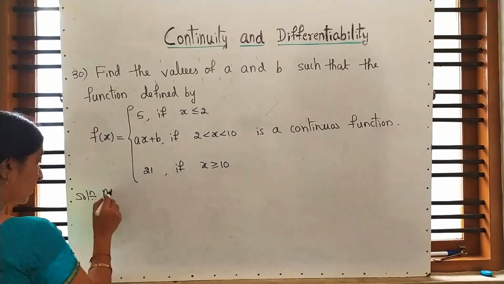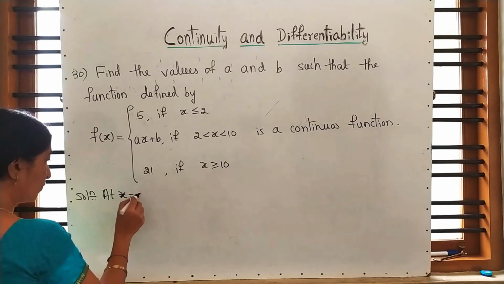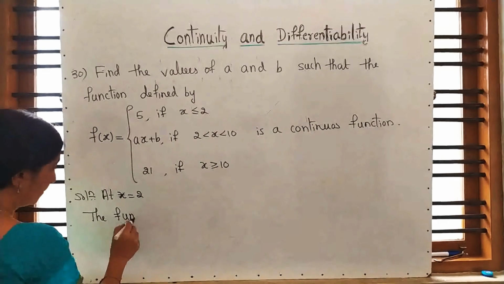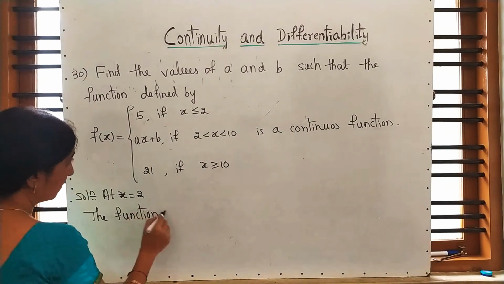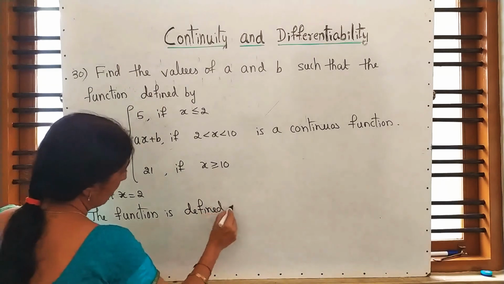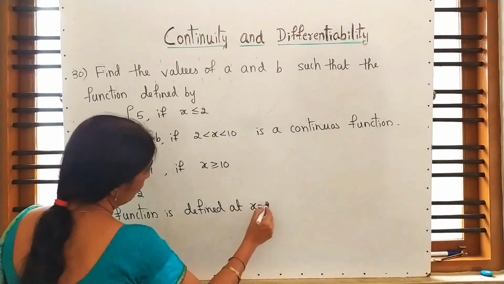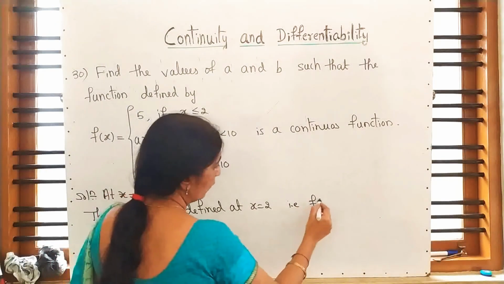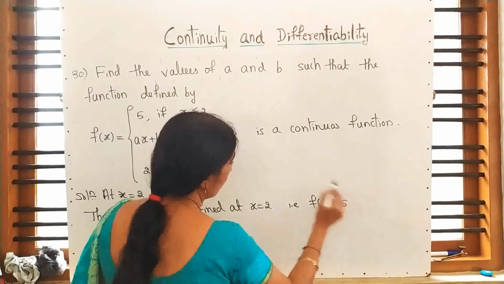Here first at x is equal to 2, is the function defined at x is equal to 2 or what? Yes. Because f of 2 is equal to 5.